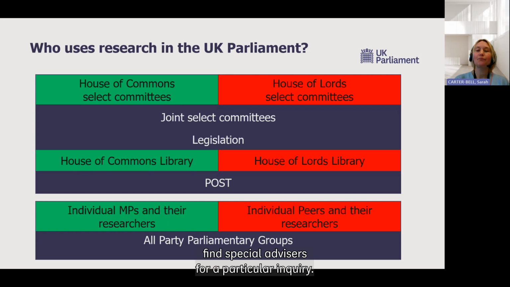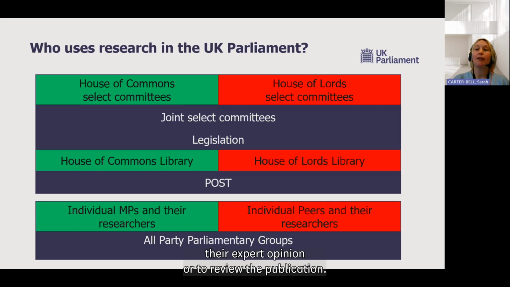A second example, in informing debate and the process for legislation, parliamentarians draw on many sources of information, but key within this are the briefings produced by the Parliamentary Libraries and POST, which is the Parliamentary Office of Science and Technology. And these briefings draw on or synthesise research, evidence and expertise. And TRLs may be asked to co-write or contribute to a briefing.